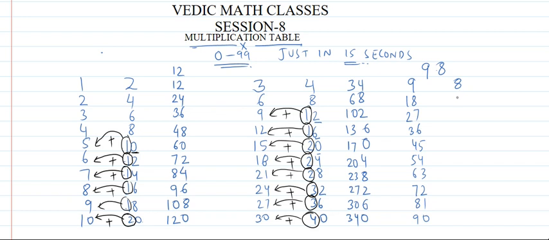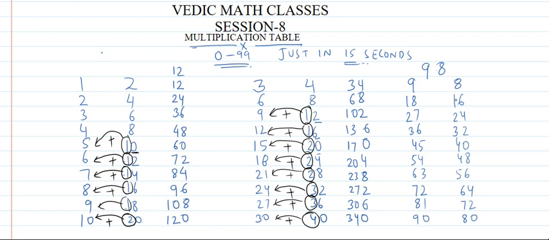And likewise for 8: 8 ones are 8, 8 twos are 16, 8 threes are 24, 8 fours are 32, 8 fives are 40, 8 sixes are 48, 8 sevens are 56, 8 eights are 64, 8 nines are 72, 8 tens are 80.